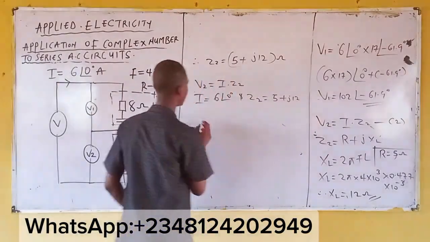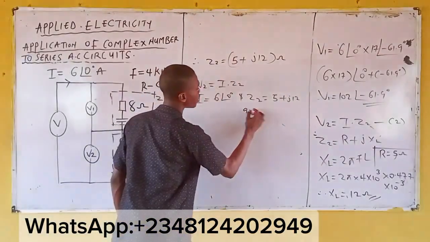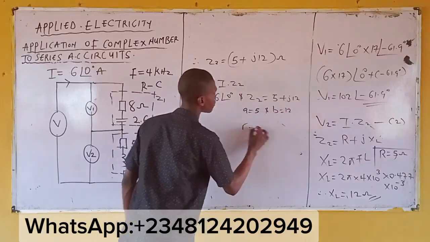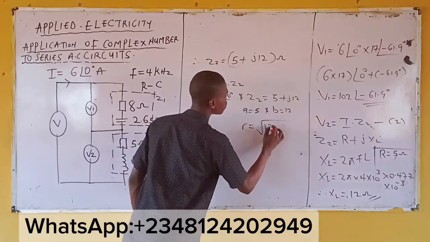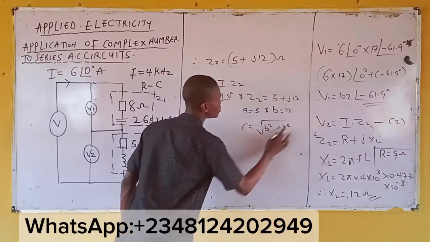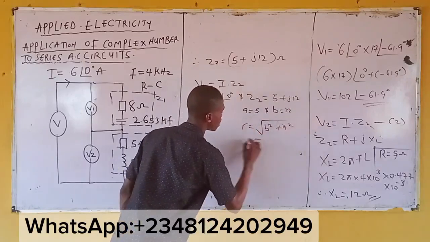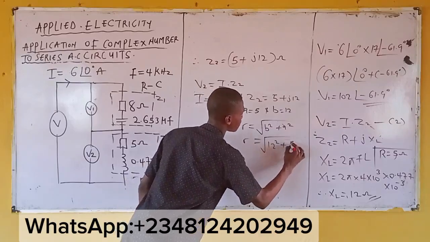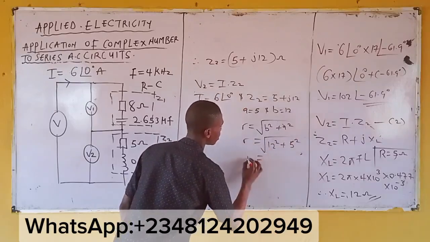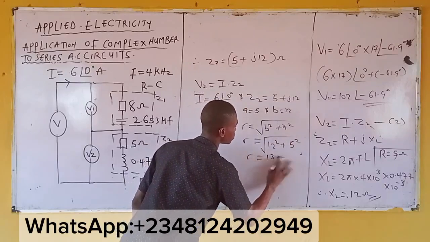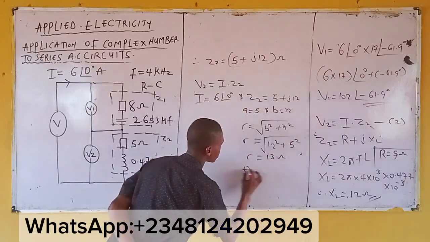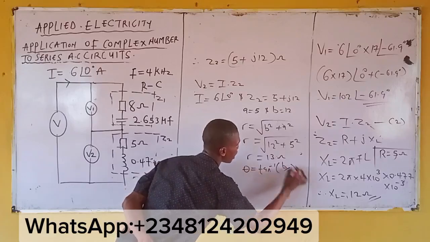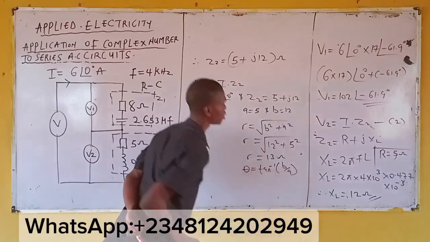Now, let's convert this to polar form. Identify your A. Your A is 5, and your B is 12. Now, using your formula, square root of B squared plus A squared. Substitute. Your R is what? 12 squared plus 5 squared. What's the answer? This is 13 ohms. Now, let's solve for theta. Theta is equal to tan inverse of B over A. Substitute.